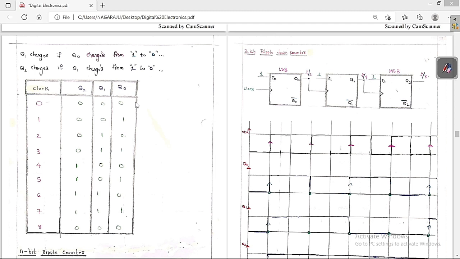We go from 0 to 7 and then it goes back to 0 and repeats. It is called an up counter because it counts 0, 1, 2, 3, 4, 5, 6, 7 and then goes back to 0. Up counter means it counts from 0 to 7 and goes back. So this is basically an up counter. This is the point you always have to keep in mind.